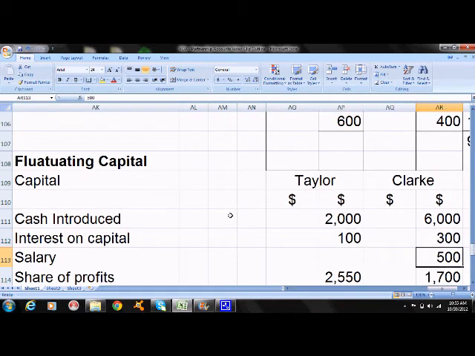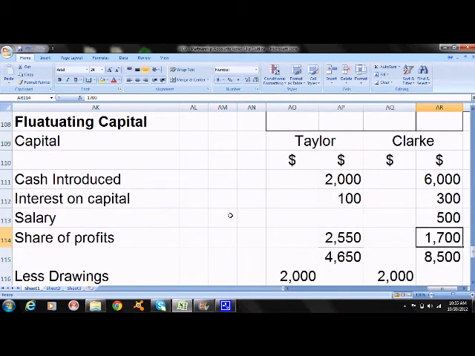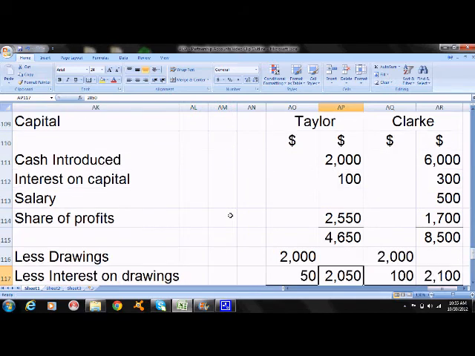Salary 500 for Clark, and then share of profits is 2,500 for Taylor and 1,700 for Clark. And we add up everything just like in the columnar format that we did a while ago, and we get 4,650 for Taylor and 8,500 for Clark.